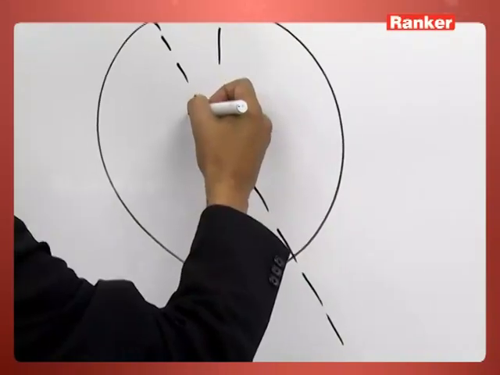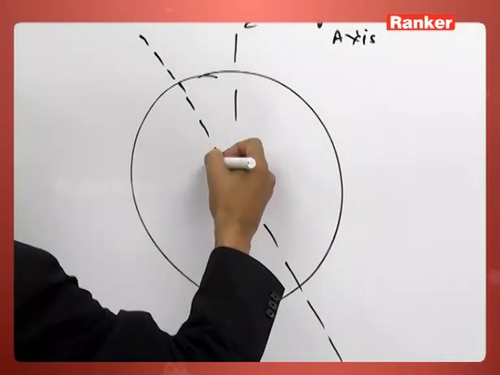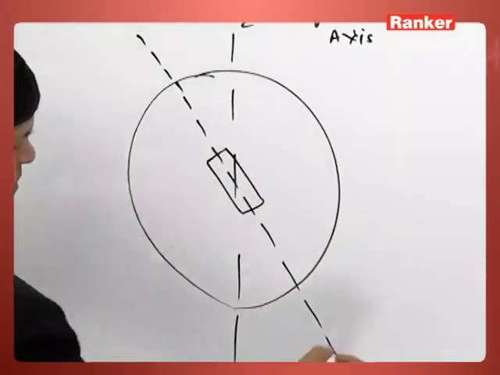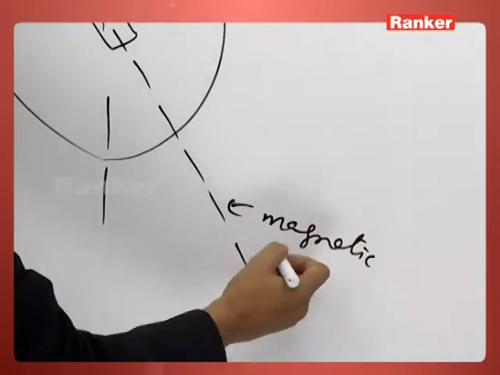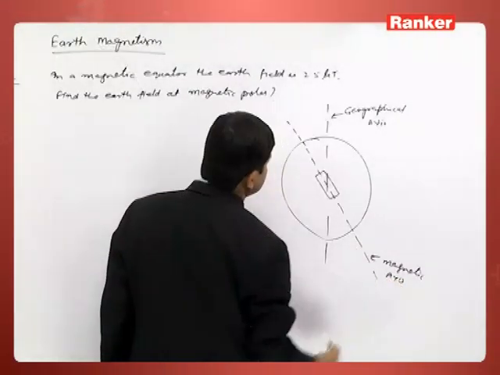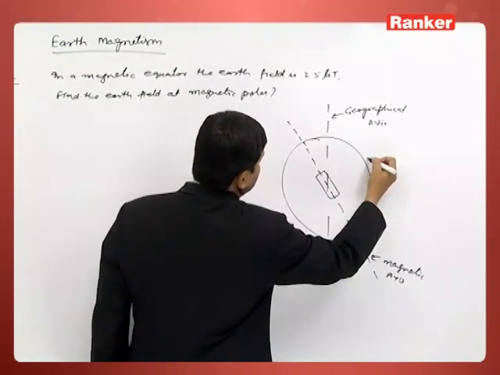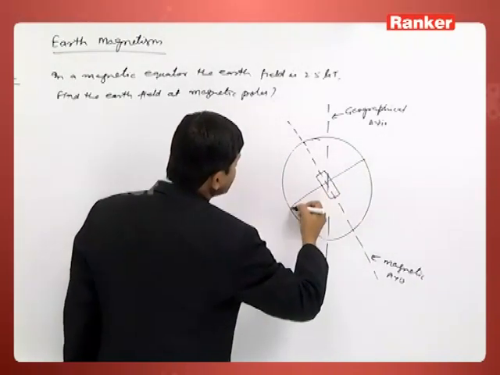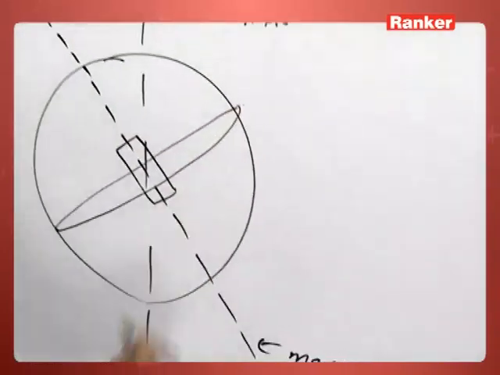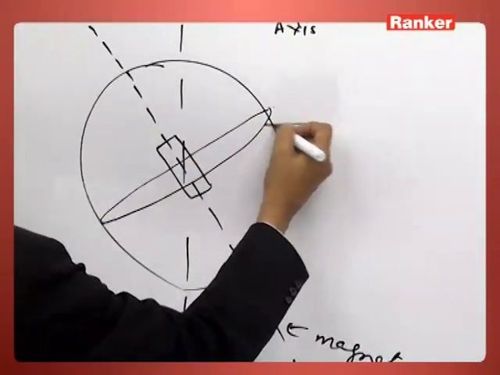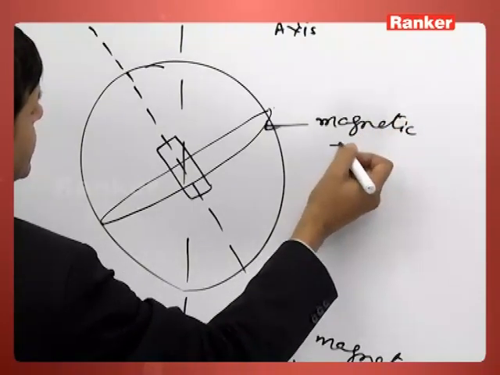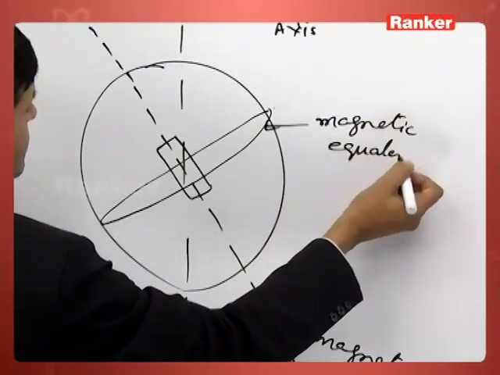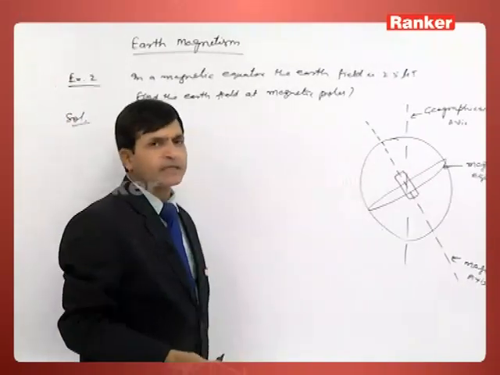Magnetic axis means it is just like a magnet has been kept like this. Now the largest circle is called your magnetic equator.